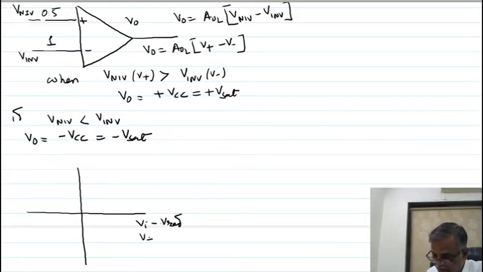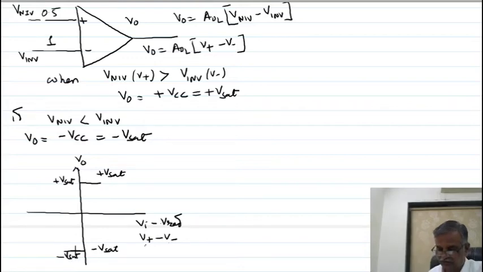Here I am writing V plus, V minus. When V plus is more than V minus, my output is plus VCC, which I am writing as plus V saturated. When V plus minus V minus is less than zero, my output is negative, so it is minus V saturated. So this is the ideal transfer characteristic of the op-amp.